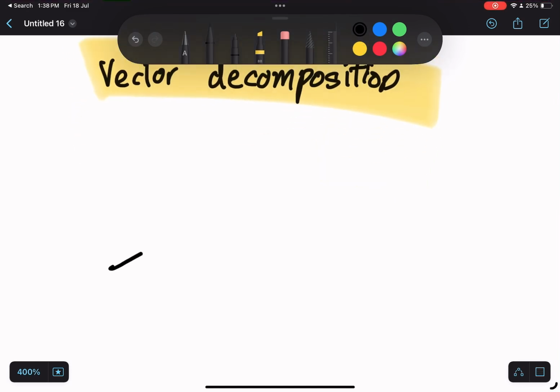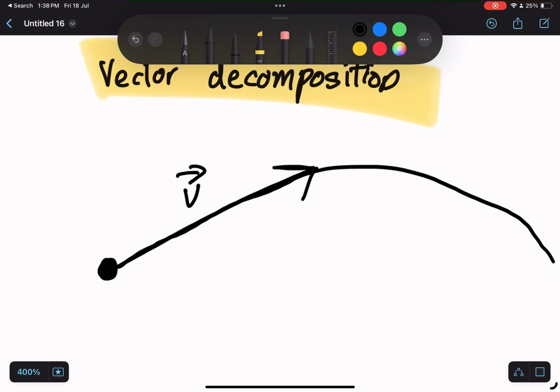Let's say you have an arrow which is defined as the velocity. Let's say it's a ball getting thrown and this is its trajectory with initial velocity being v. Now let's make a triangle with the angle theta being subtended by the normal and the vector.